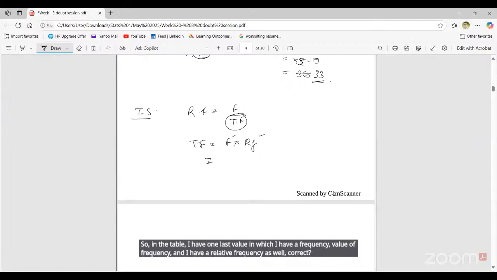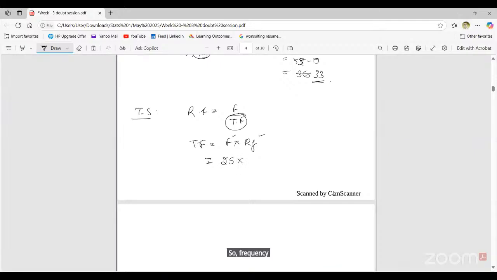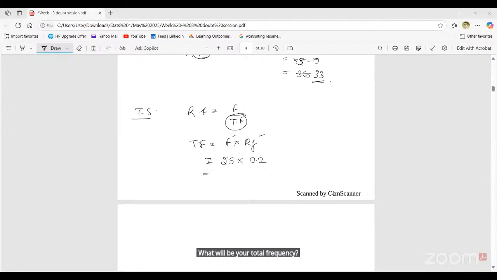Yes, ma'am. So frequency is 25 and relative frequency is 0.2. So what will be my total frequency if you multiply this value? 5.2. Actually, we have to divide, na, 25. Just a second. Total frequency. Oh, sorry. It will be in the denominator, right? Yeah.